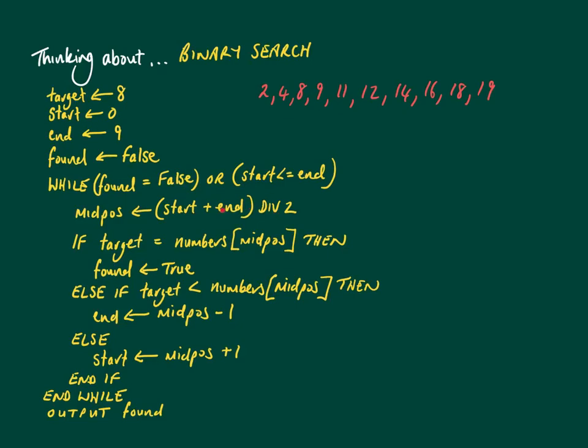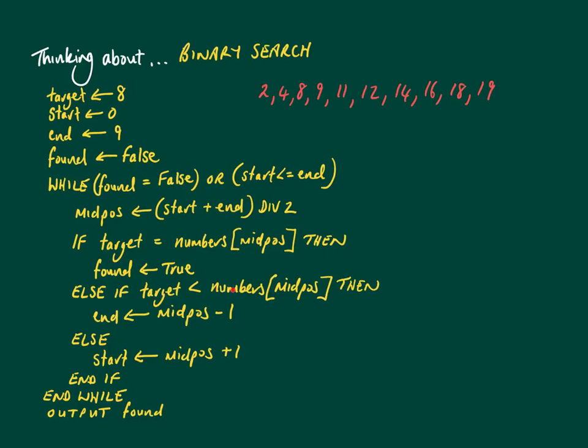Okay, so if we do this as an example, 9 plus 0 is 9, div 2 is 5. So we're looking at 0, 1, 2, 3, 4, 5. So the fifth element in. And then we say, if target is equal to numbers[5], for example, we know that's 12, so that's not true. And so we don't set found to true. We'll evaluate another condition.